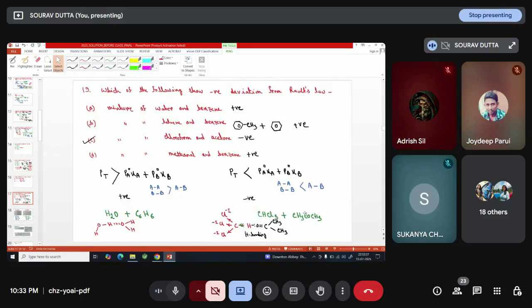But if you mix acetone and chloroform, then there is hydrogen bonding between chloroform and acetone, because chlorine has the inductive effect, the electron withdrawing minus I effect. So this carbon gets a positive charge, then it will withdraw the electron density of the CH bond. So there is a possibility of hydrogen bonding between this CH and the lone pair of the oxygen of acetone.